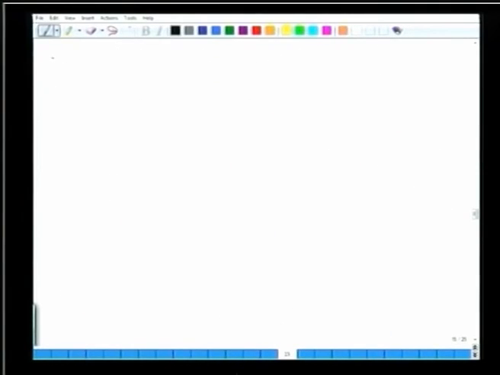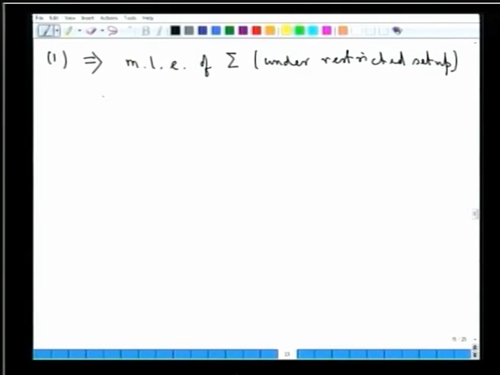So we will have this one implies, using the same logic as that used in order to find out the maximum likelihood estimator of sigma in the unrestricted setup, what we can say is that the MLE of sigma under the restriction, under restricted setup, is going to be given by sigma hat r, say restricted, that's equal to 1 upon n times B. And what is that equal to?